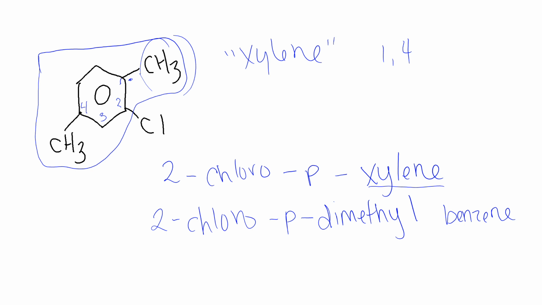It's just the bottom one is your IUPAC designation, and the top one uses your common naming for that. So this would be 2-chloro-p-dimethylbenzene. I don't need to say 1,4-dimethyl, and the reason for that is this P tells me that it's in the 1,4 designation, and the di tells us that we have two methyl groups coming off of that benzene ring.